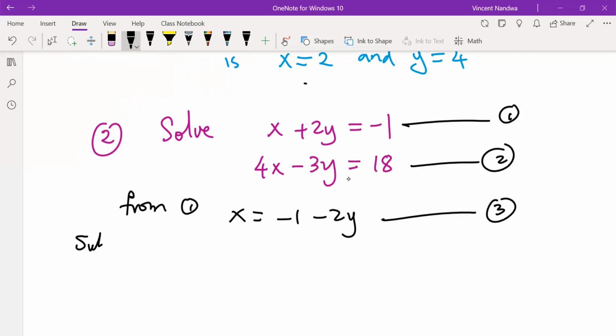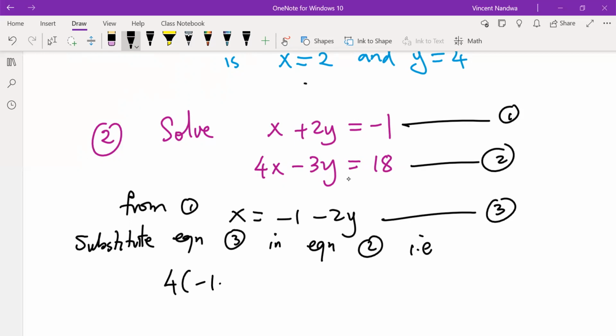Then substitute equation 3 in equation 2. Remember, we substitute 3 in 2 because 3 was formed from 1. So you don't replace in 1. If you replace in 1, you'll be rotating around circles. This means we'll have 4, but where there's x, we put minus 1 minus 2y, plus minus 3y should give us 18.